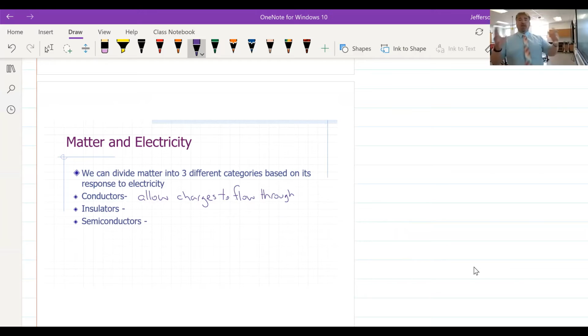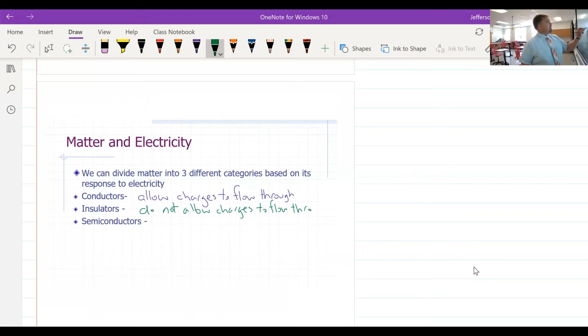They have a lot of valence electrons that allow charge to flow freely through that material. Insulators do not allow it, definitely not easily. And semiconductors are in between.